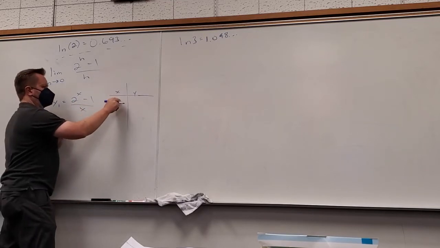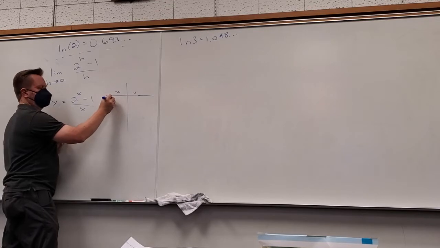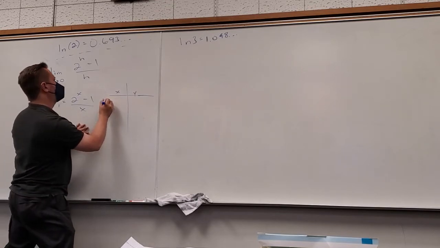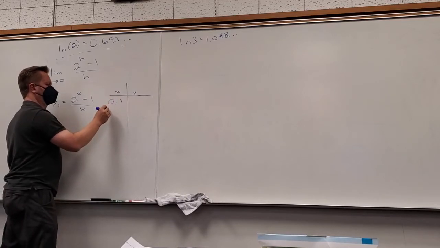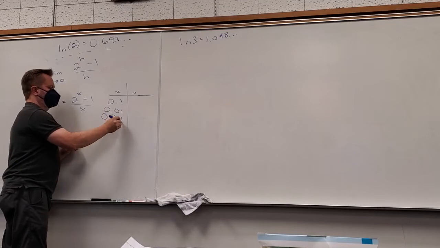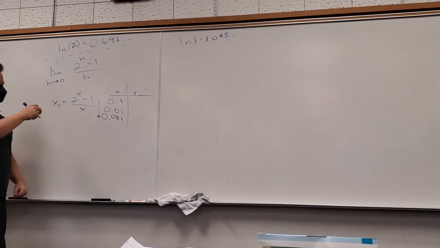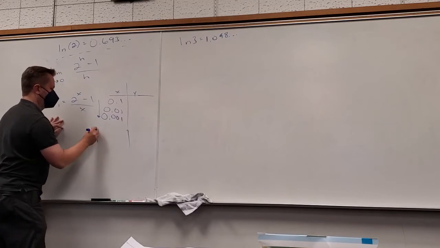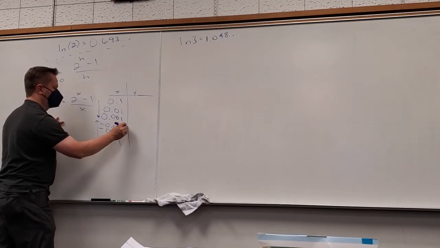So what should I maybe do? 0.1, 0.01, 0.001? That's probably pretty good. That's coming from the right. And then on the other side, I can do negative 0.1, negative 0.01, negative 0.001. Okay. Is that cool?